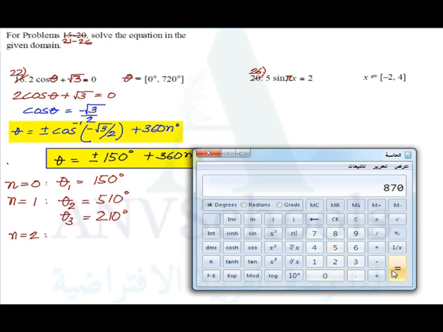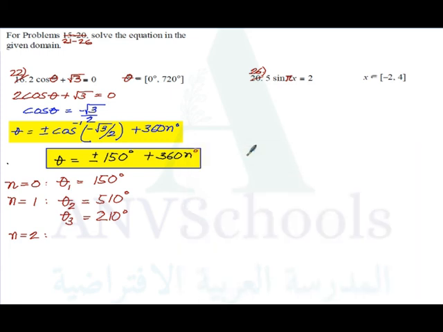That would be 870, so it's not included anymore. But when we use the negative 150, that will give us 570. So our last value, let's call it theta 4, is 570 degrees.